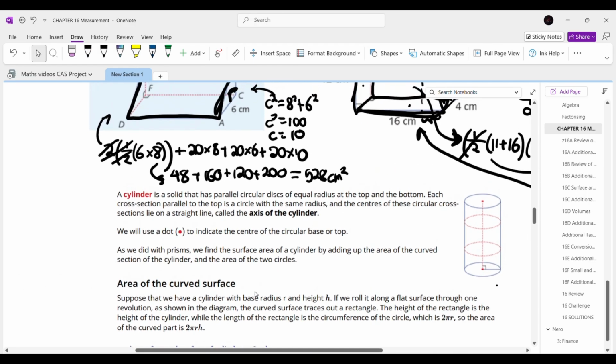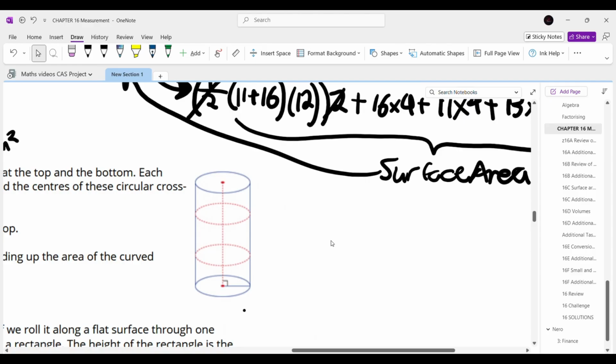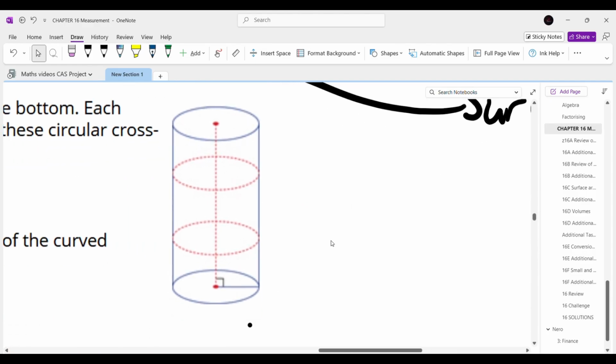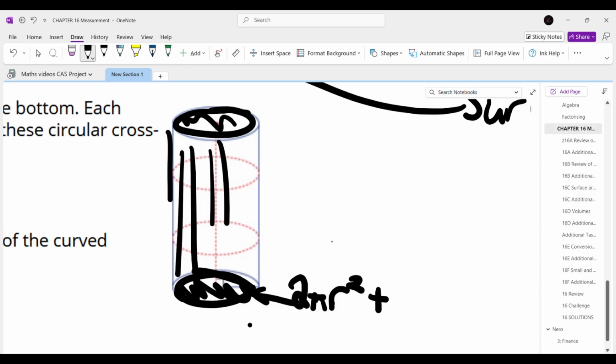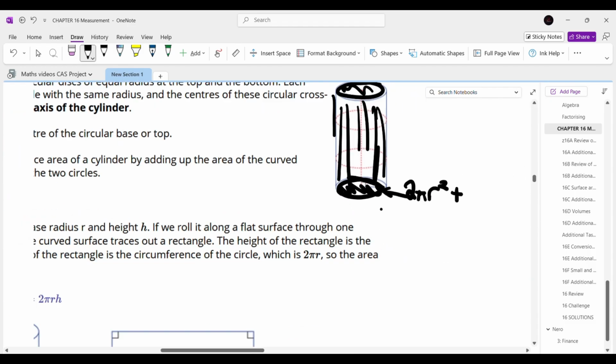Alright, now in order to find the surface area of a cylinder, you see how you have these two faces right here? Obviously these are just our circle areas. Remember, it's pi r squared, and since these repeat, it's 2 pi r squared, plus we need to find the area of this curved face that wraps around.